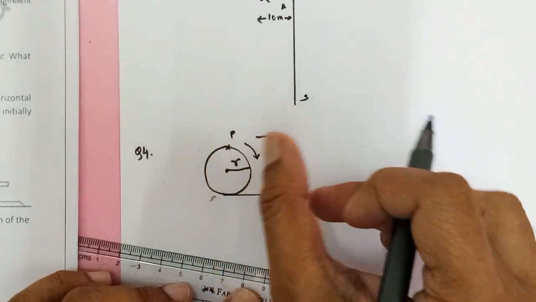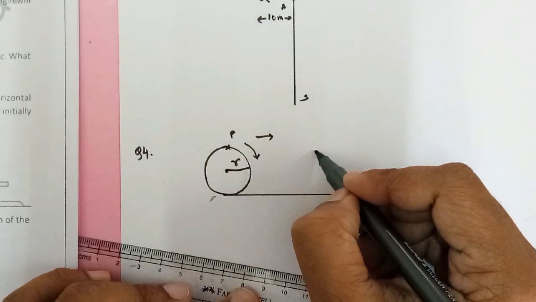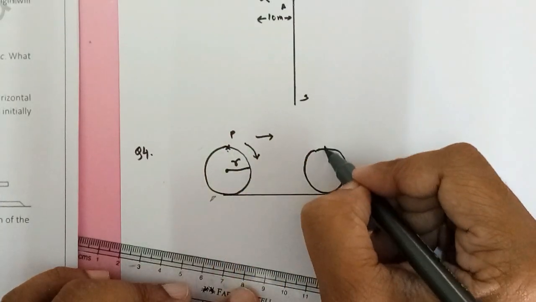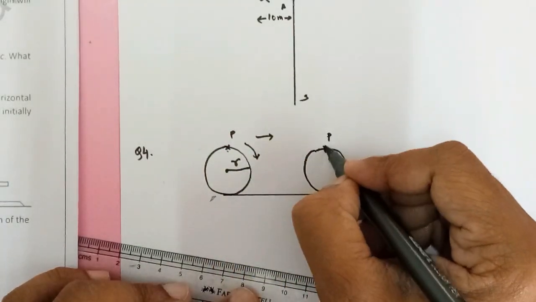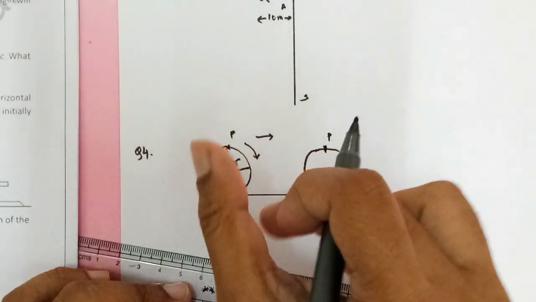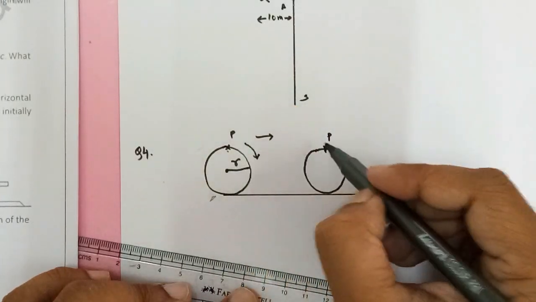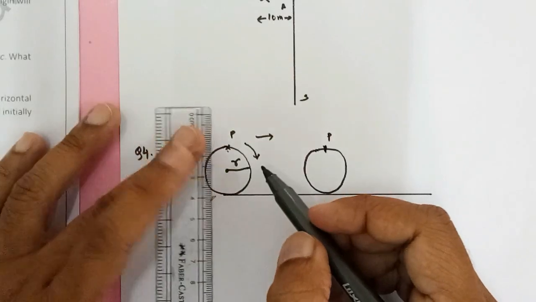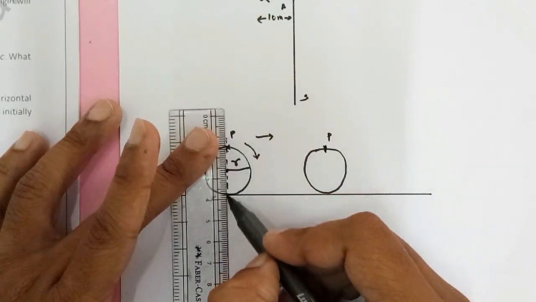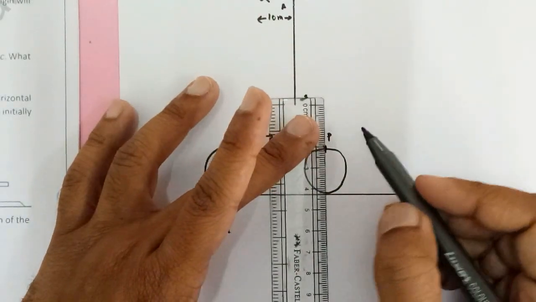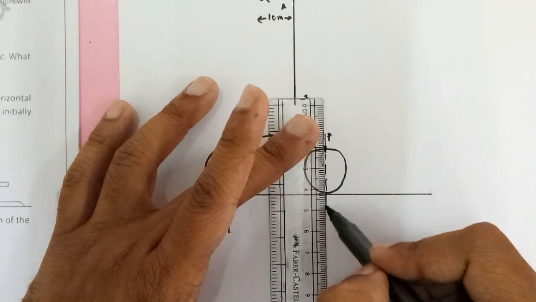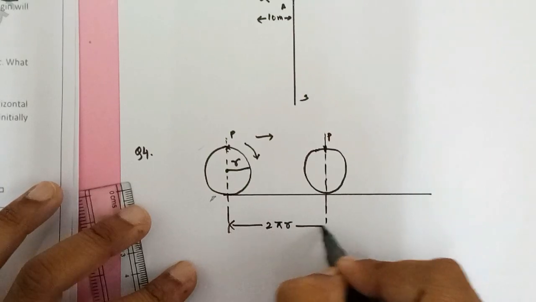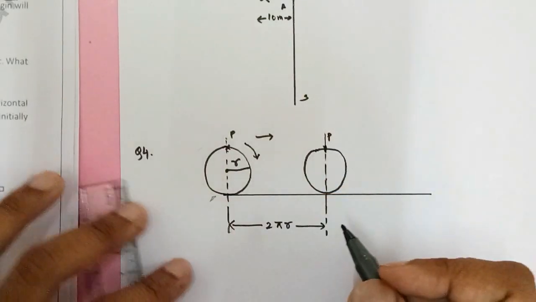When this wheel takes a complete round and reaches over here, the point P again comes back to the same point, because after one complete revolution, point P reaches over there only, right? Now the distance travelled by the entire wheel would be equal to 2 pi r, that is equal to the circumference of the wheel.